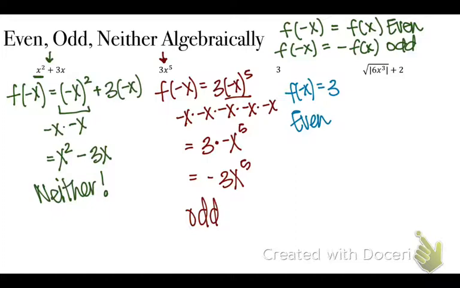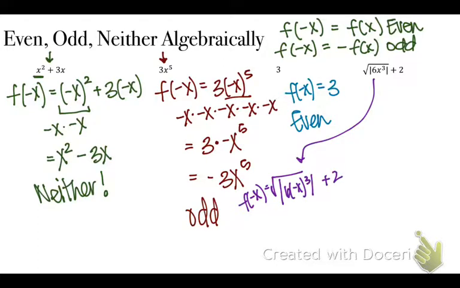Okay, and this last one, if I plug in negative x here, I get the square root. I want to write this down here a little bit more. I need to give myself more room because I write too big. So if I have the square root, f of negative x is the square root of the absolute value of 6 times negative x cubed plus 2. So let's work out this part right here. Well, negative x cubed is negative x cubed, but we're still inside an absolute value.